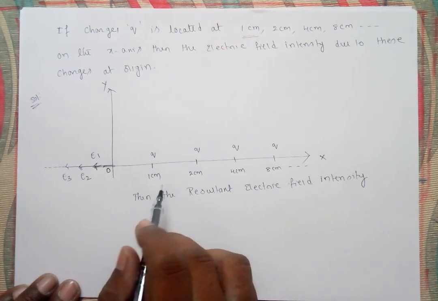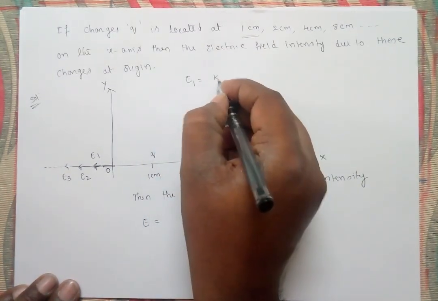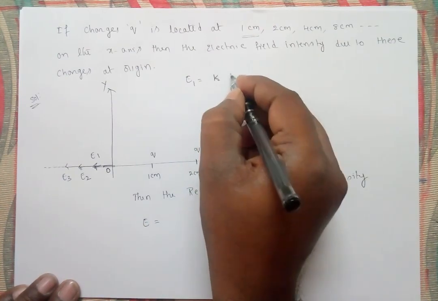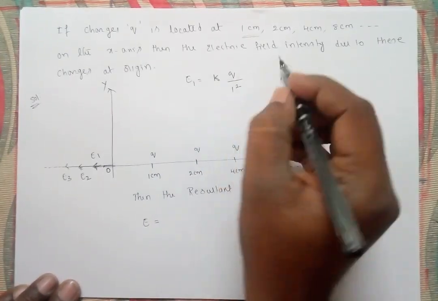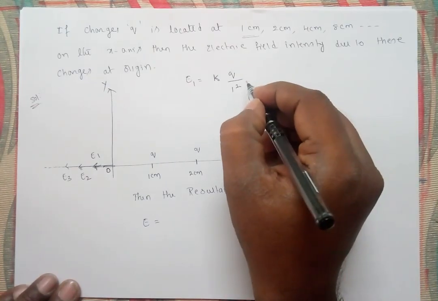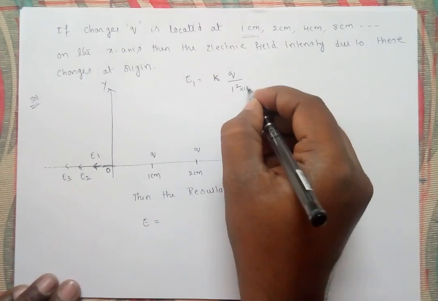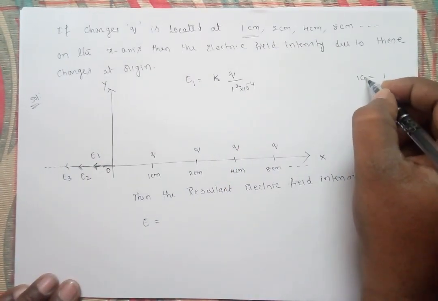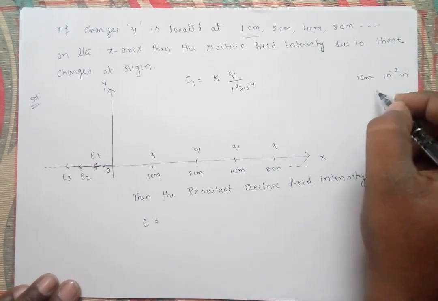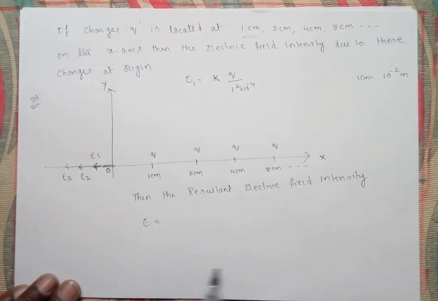E1 is K, that is 1 upon 4 pi epsilon naught. You can write it as K Q by R square. R square means 1 square, 1 centimeter square. So 1 centimeter square in the sense 1 into 10 raised to minus 4, because 1 centimeter means 10 raised to minus 2 meter. So 1 centimeter square means 10 raised to minus 4 meter square.